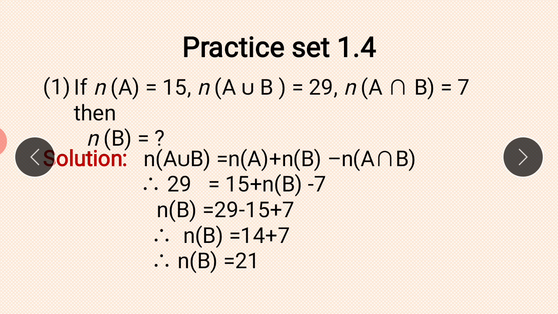Then shifting the numbers, 29 minus 15 plus 7 is equal to n(B). Now take the subtraction and then addition. 29 minus 15, 14, plus 7. 14 plus 7 you get 21. Therefore n(B) is equal to 21.